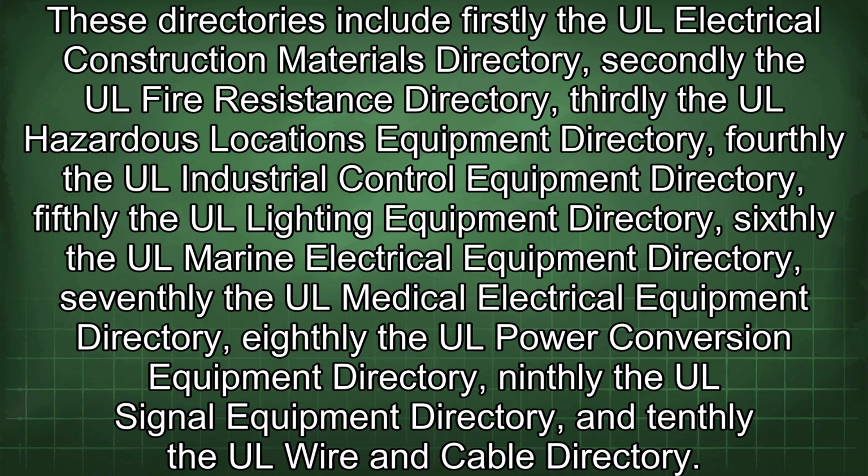These directories include, firstly, the UL Electrical Construction Materials directory, secondly, the UL Fire Resistance directory, thirdly, the UL Hazardous Locations Equipment directory, fourthly, the UL Industrial Control Equipment directory, fifthly, the UL Lighting Equipment directory, sixthly, the UL Marine Electrical Equipment directory, seventhly, the UL Medical Electrical Equipment directory, eighthly, the UL Power Conversion Equipment directory, ninthly, the UL Signal Equipment directory, and tenthly, the UL Wire and Cable directory.